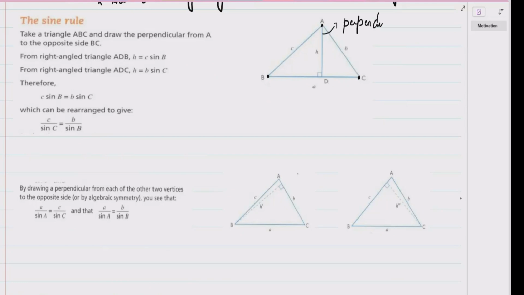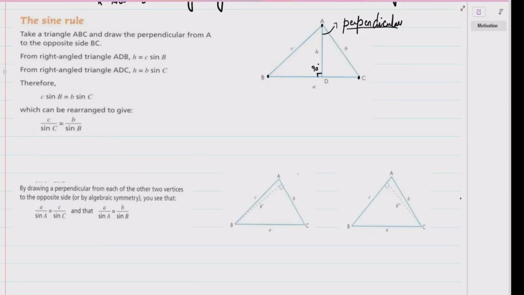Since it is perpendicular, it makes an angle of 90 degrees with the base. Now let's find this h. We can find this h by using the right angle triangle rule.